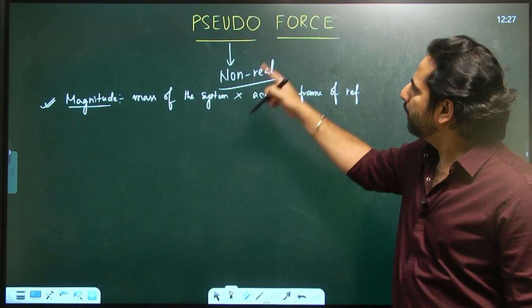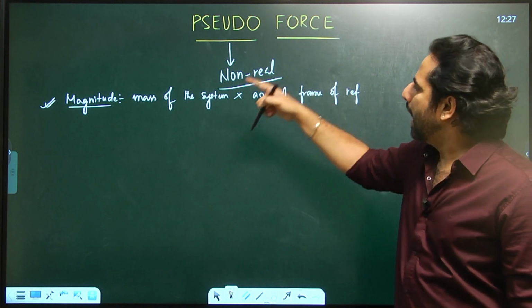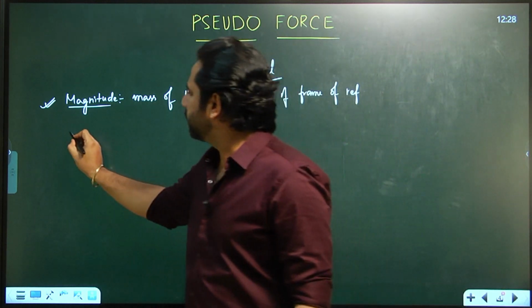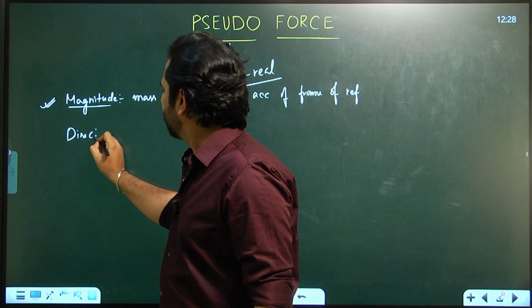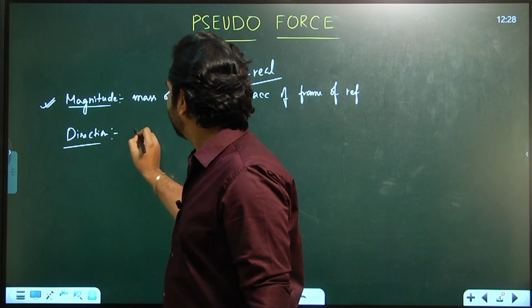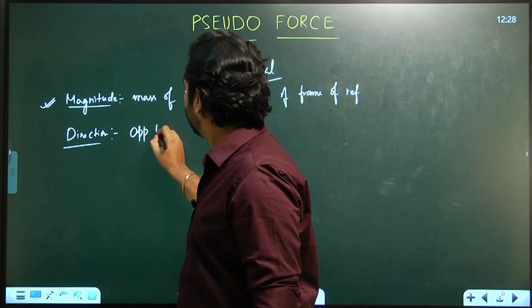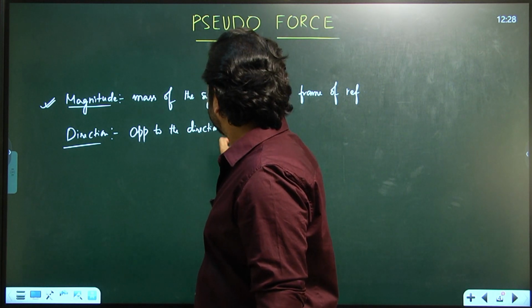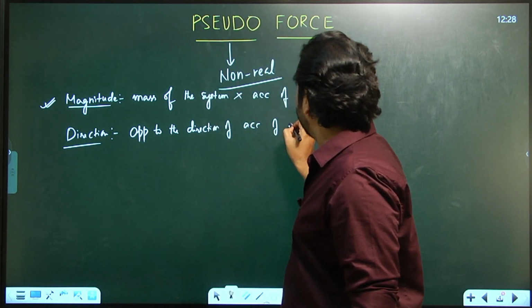So the magnitude of pseudo force is defined as mass of the system into acceleration of frame of reference. And the direction of pseudo force is as simple as opposite to the direction of acceleration of the frame of reference.